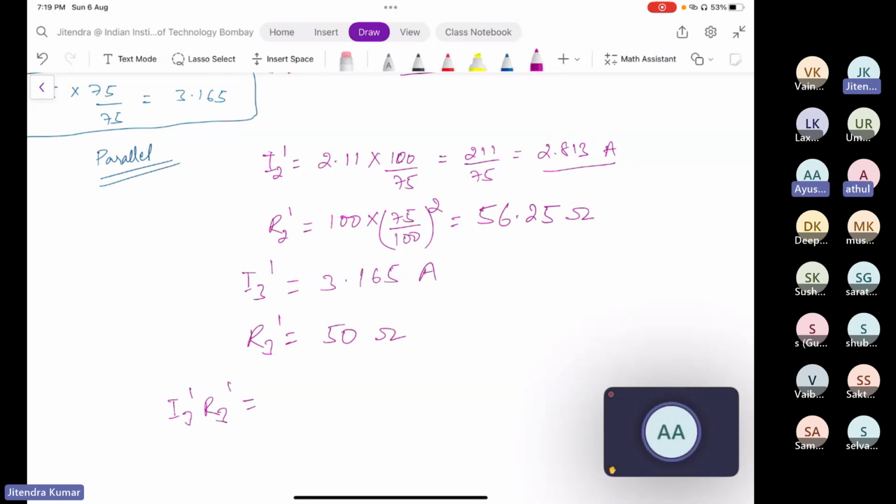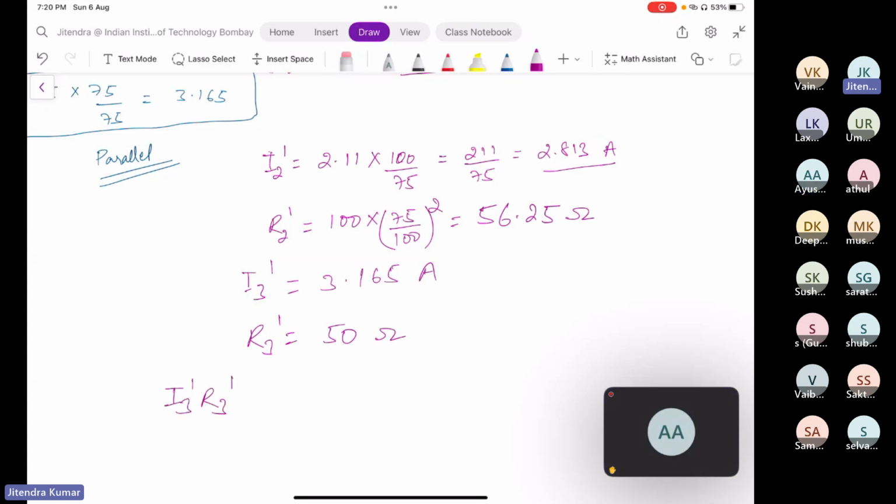I3 dash square R3. Okay, I am calculating the voltage. Please say one by one. I am getting confused here. Yes, sir. I3 dash into R3 dash, I3 dash into R3 dash.